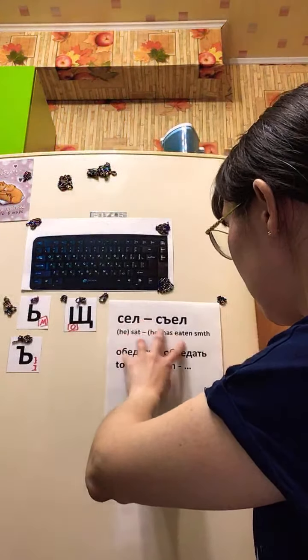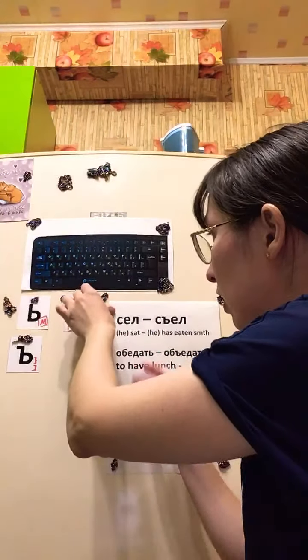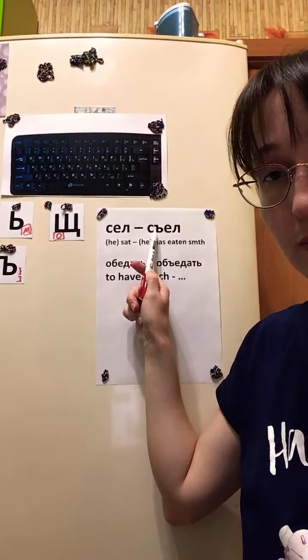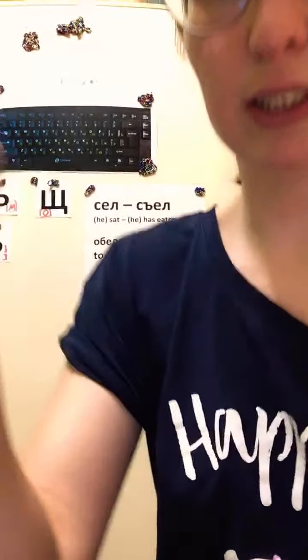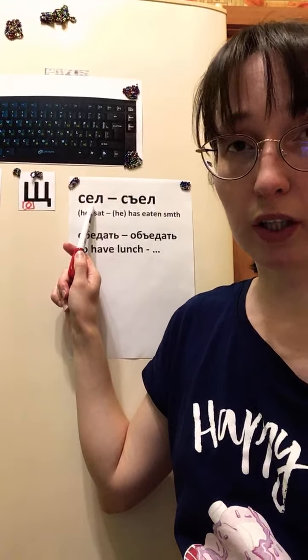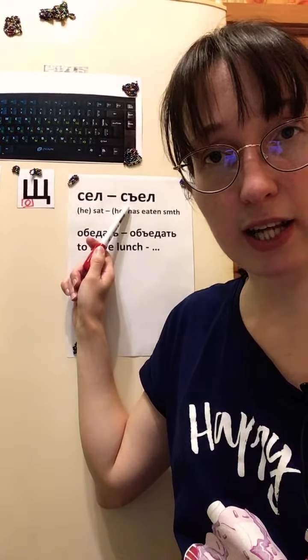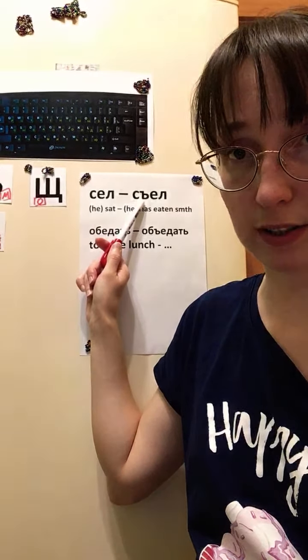Okay? Let me show you exactly the difference in pronunciation without this sign and with this sign. For example, two words. You see, they look a bit similar, but this word contains 3 letters, and this word contains 4 letters, including this hard sign, твердый знак.